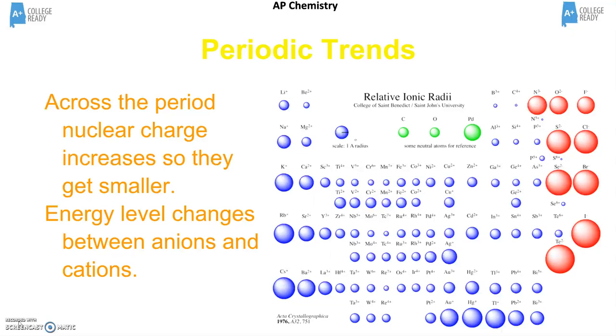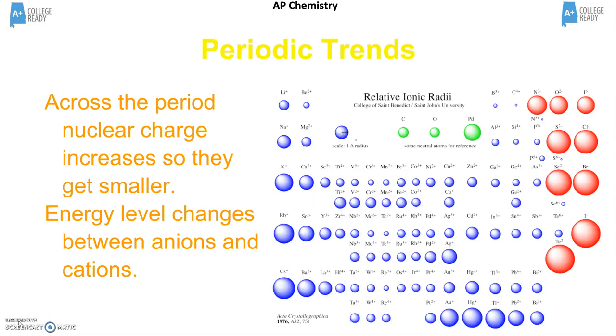So if you're looking at sodium, think about why the radius is smaller there as compared to chlorine. Chlorine has a much larger radius because it's on the same energy level, but it has more electrons within that energy level, and it's pulling and it's more attracted to that proton in the nucleus.